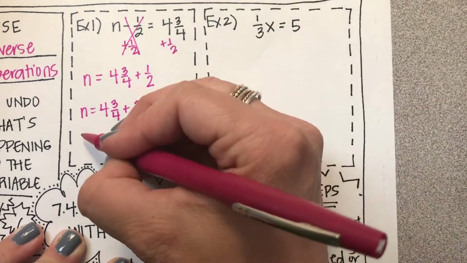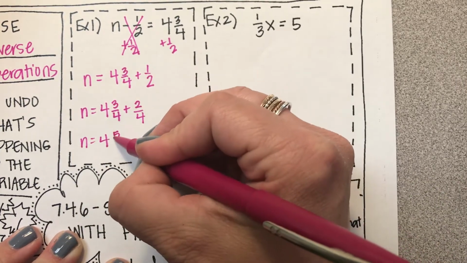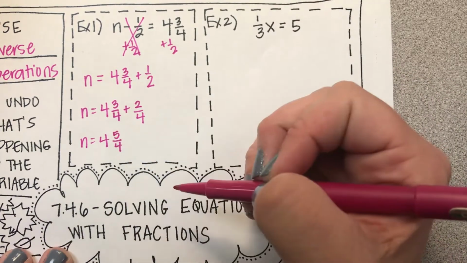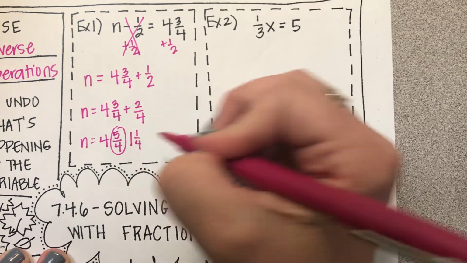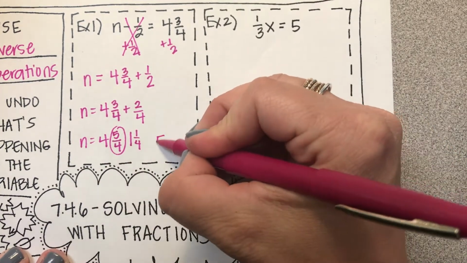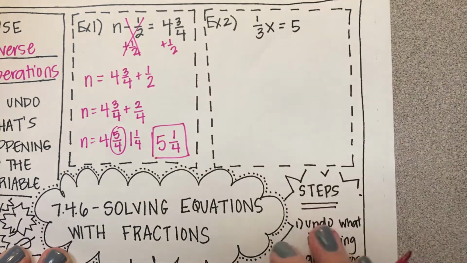So now I have the whole number 4, and then 3/4 plus 2/4 is 5/4. 4 goes into 5 one time, so this part is better written 1 1/4. So if you have 4 and another 1 1/4, your answer is 5 1/4.